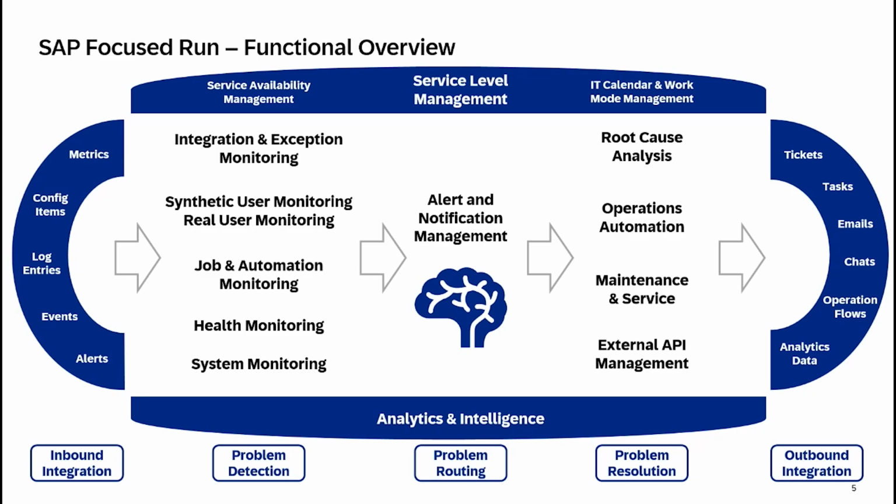And coming from there to the capabilities on the right side, we have this root cause analysis that I have already mentioned. So out of the alert, you can drill down, see the details, and analyze that.